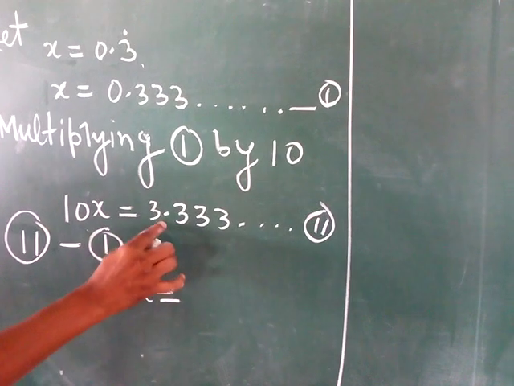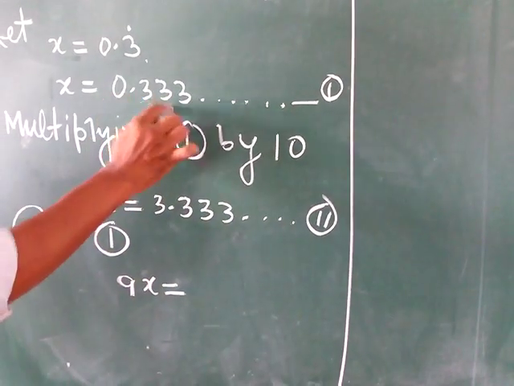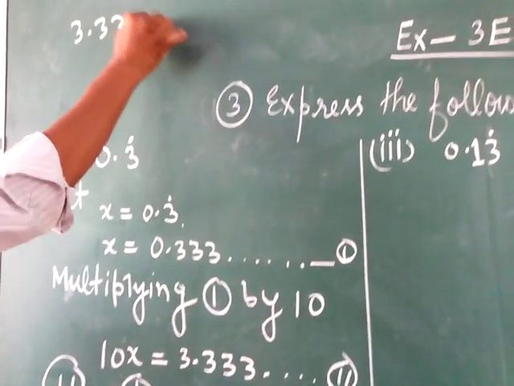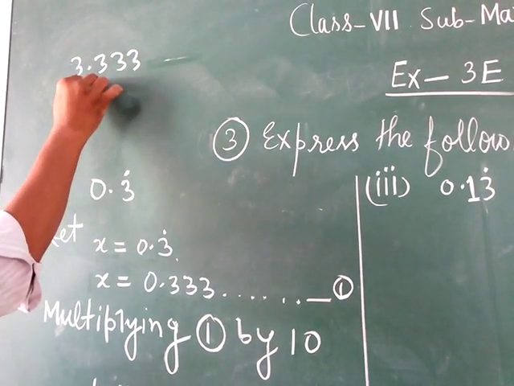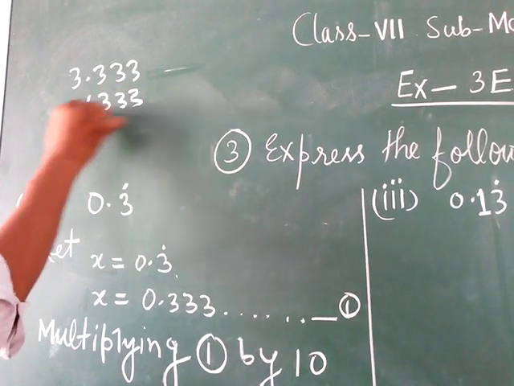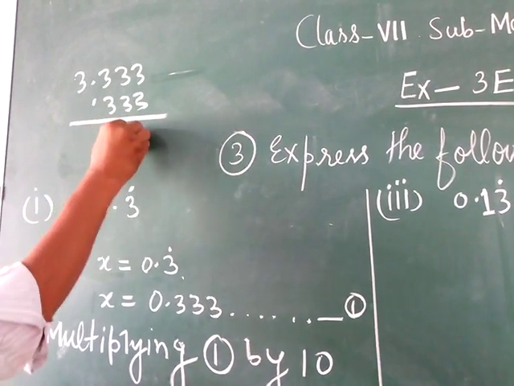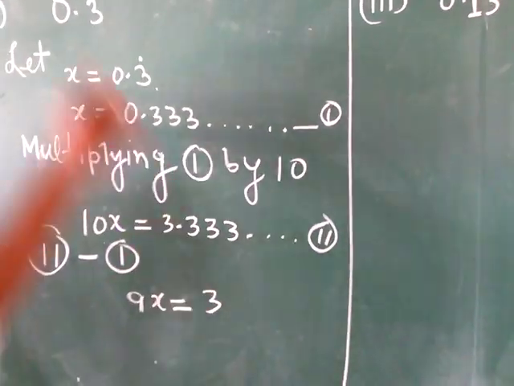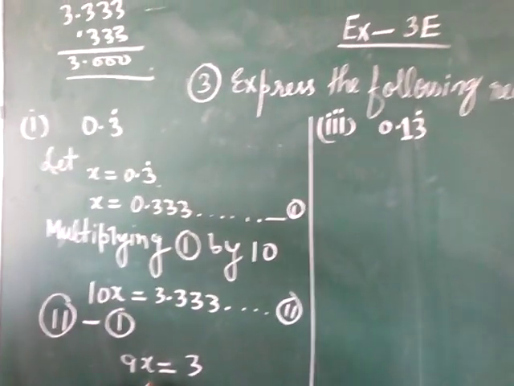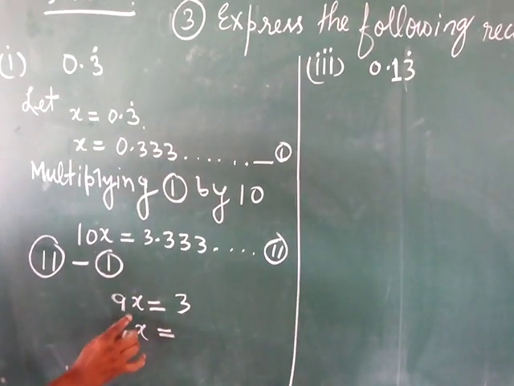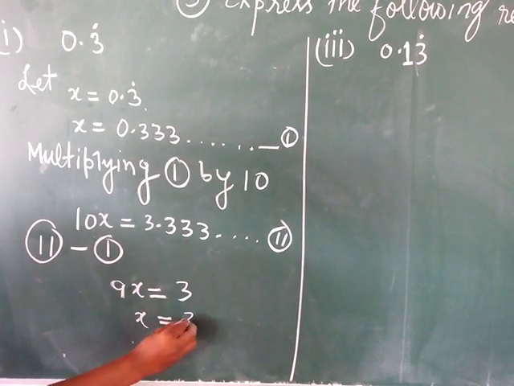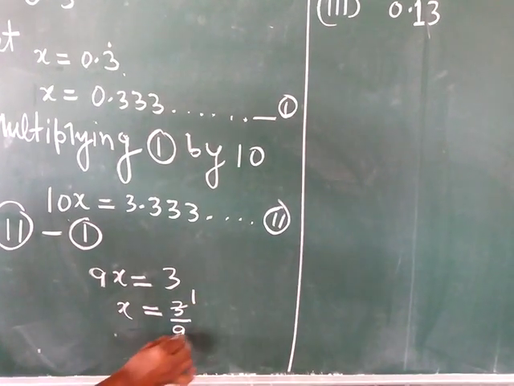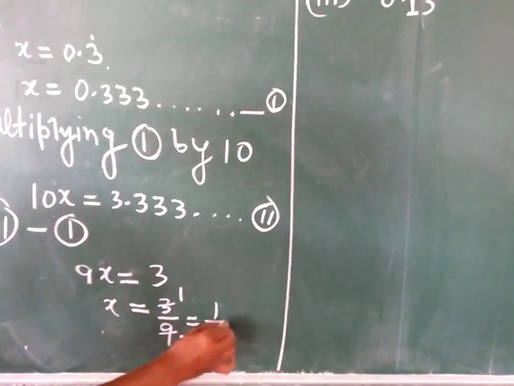And when you subtract 0.333 from 3.333 like this, you will get 3.00, which means only 3. So x is equal to 3 by 9. 3 ones are 3, 3 threes are 9, so 1 by 3.